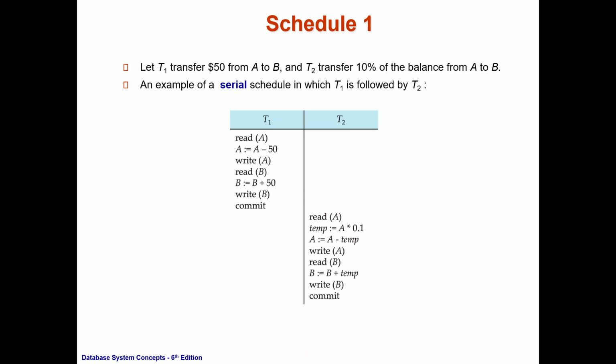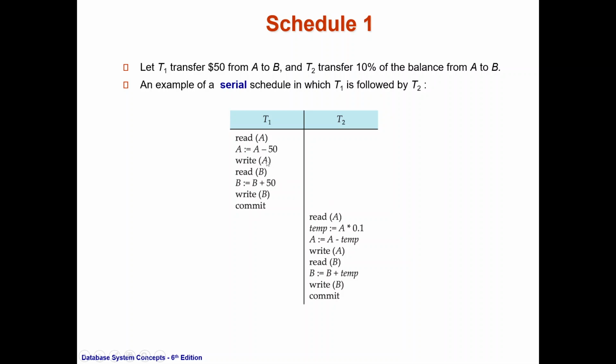How do you represent them? Here, read A, A equals A minus 50, write A, commit. Read B, B equals B plus 50, write B, and commit. Once you commit, the value will be there.